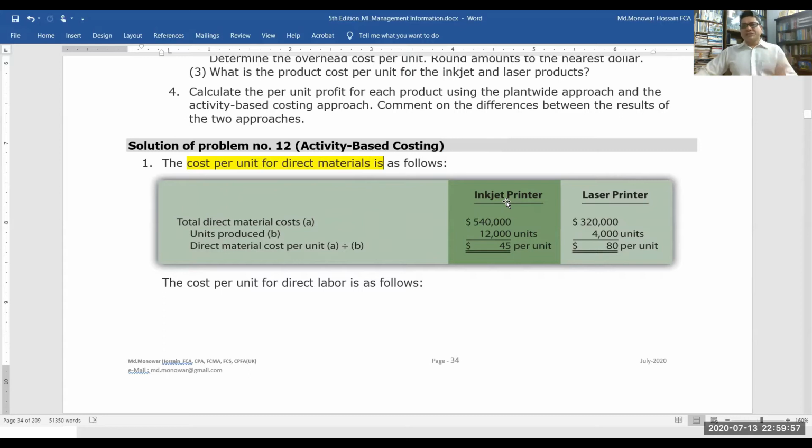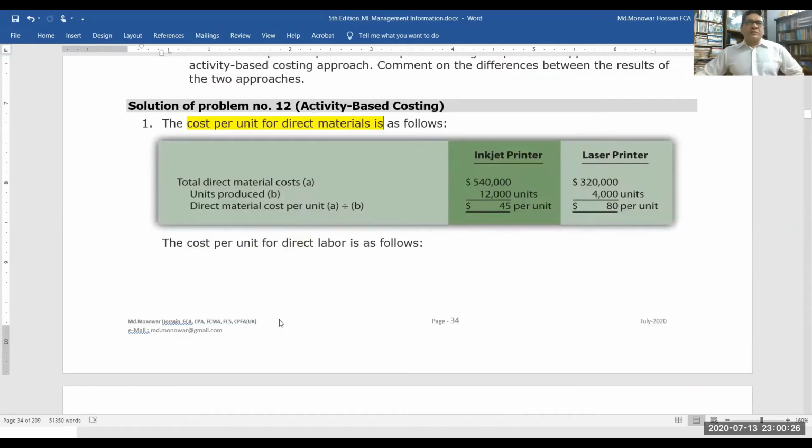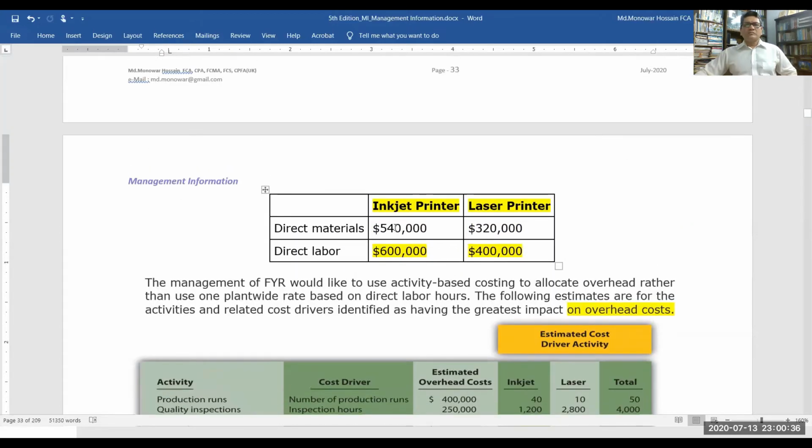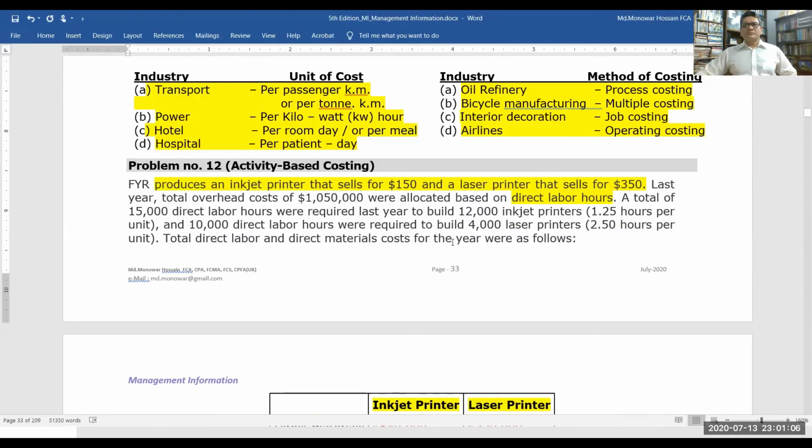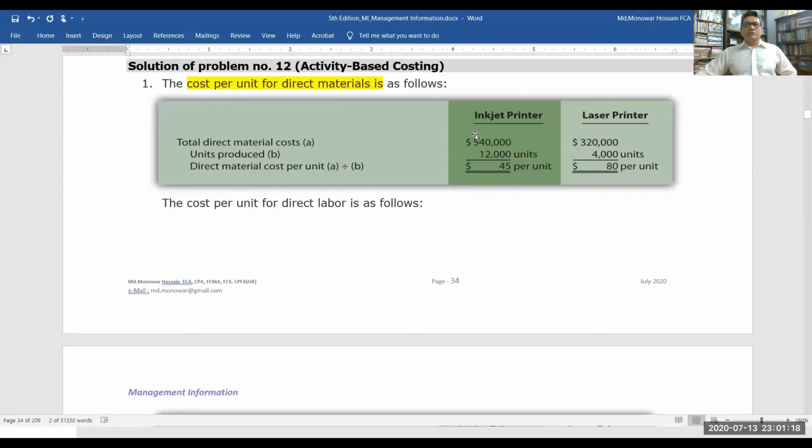For the inkjet printer and the laser printer, total direct material cost is 5,40,000 and 3,20,000. Units produced are 12,000 and 4,000.